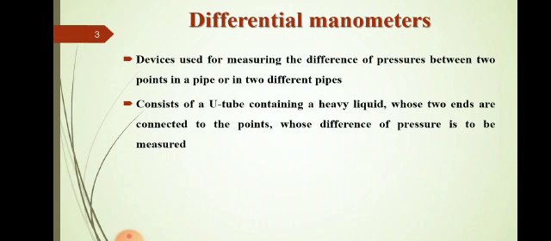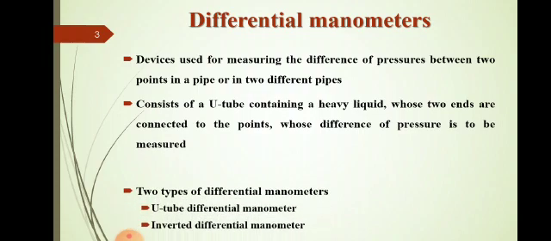It consists of a U-tube containing a heavy liquid whose ends are connected to the points whose difference of pressure is to be measured. So it is also like a normal U-tube manometer, but for a normal U-tube manometer only one side is connected to the pipeline, but here both the limbs are connected to the 2 points whose pressure difference is to be measured.